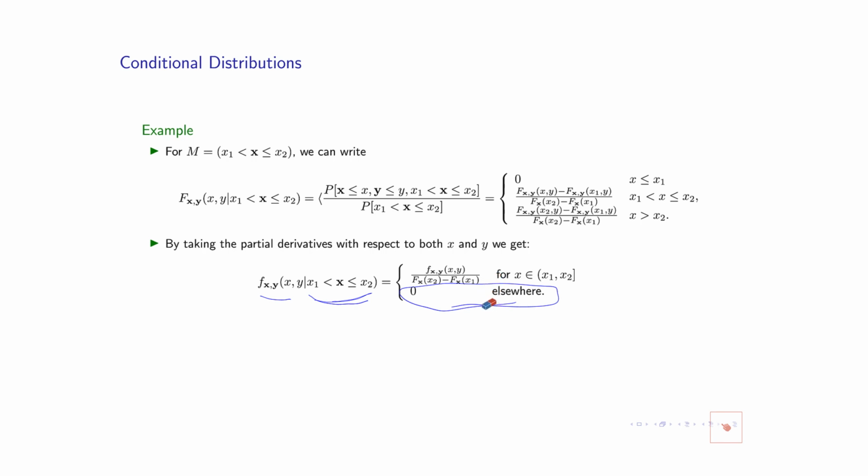And the PDF inside this area is the same as the PDF before without the condition. The only thing is that you have a normalization factor. This is the probability that x is between x1 and x2. And this is the normalization, so that the integral of the whole function becomes 1, so that this becomes a valid joint PDF.